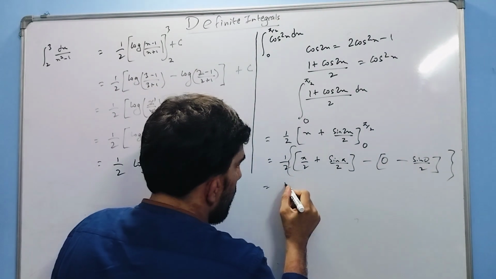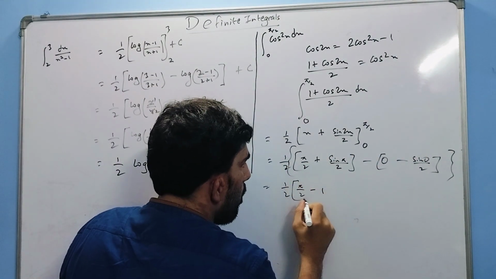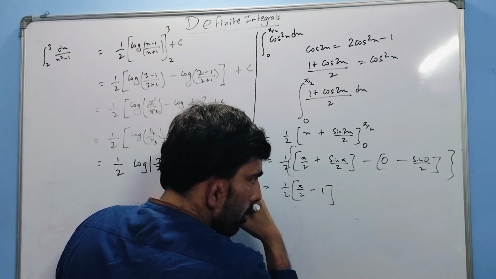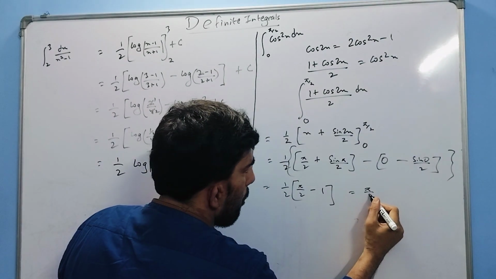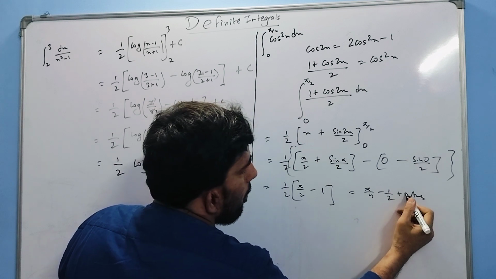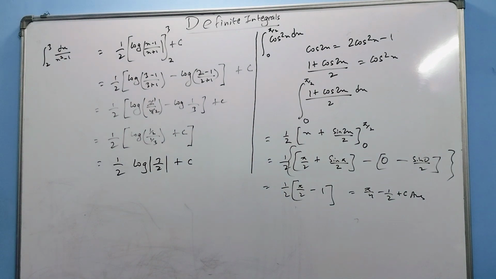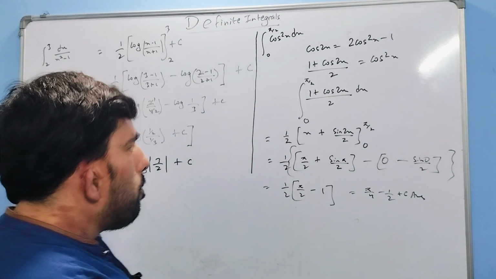Now I have pi by 2, so multiplying by half my answer is pi by 4 plus c. That is how we easily evaluate the value.